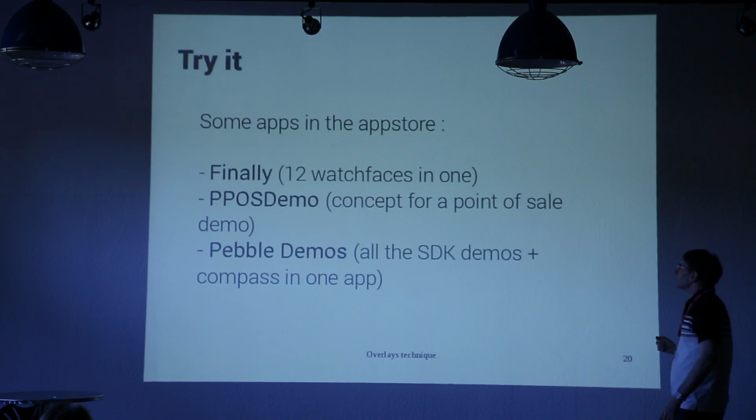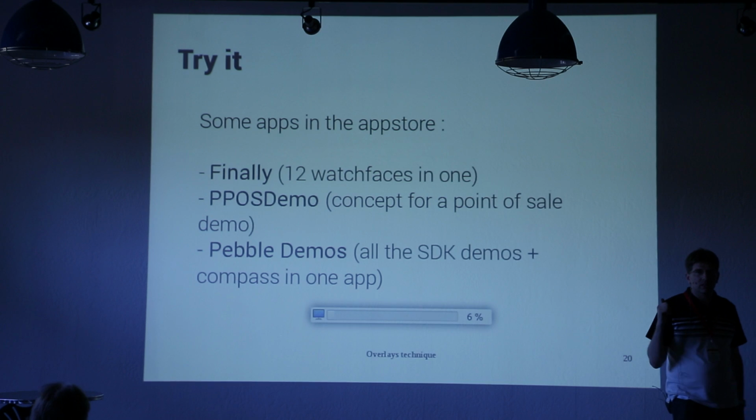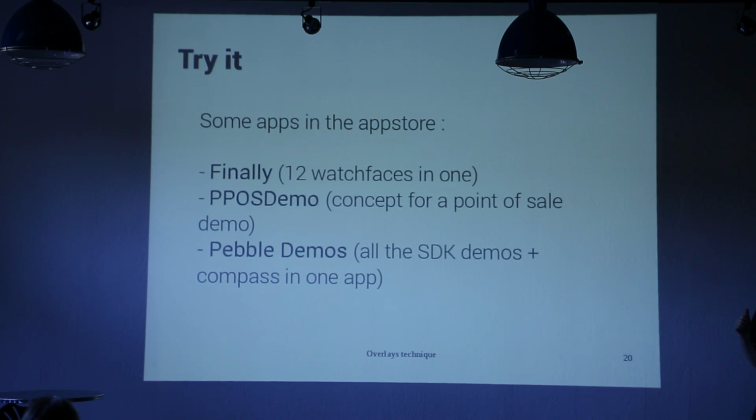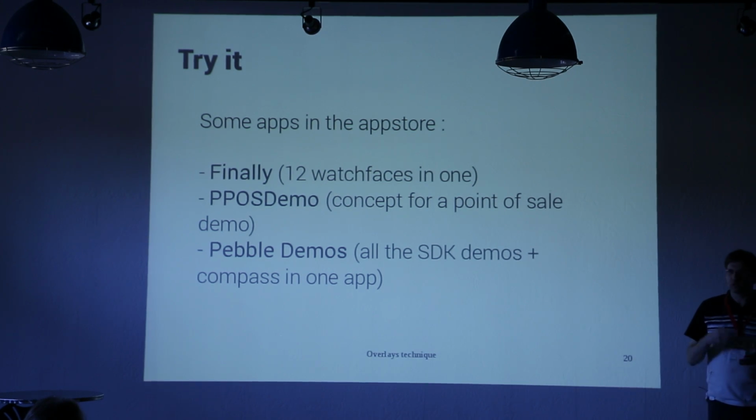As an example, I made the point of sale concept demo. The idea is that in a point of sale, we can have an application, or a watch face, that will circulate through various watch faces of various developers. So when you try to sell Pebble, you can give them this display that shows many watch faces, each one with its own uniqueness.